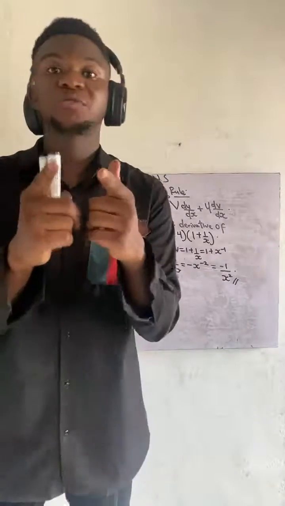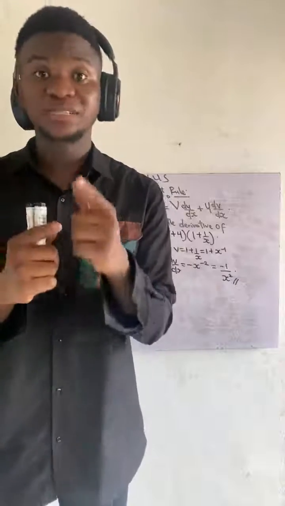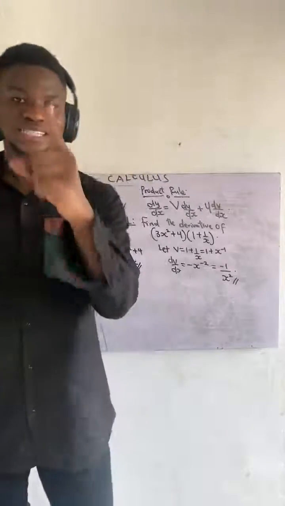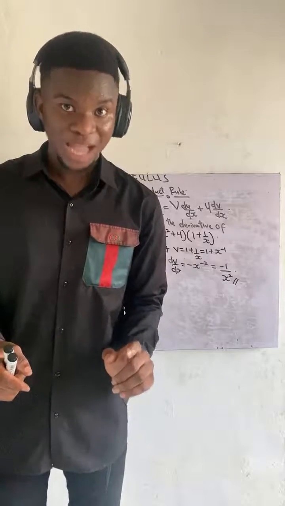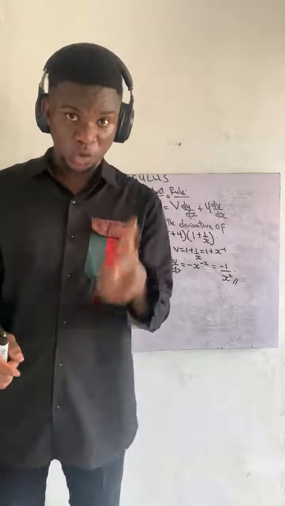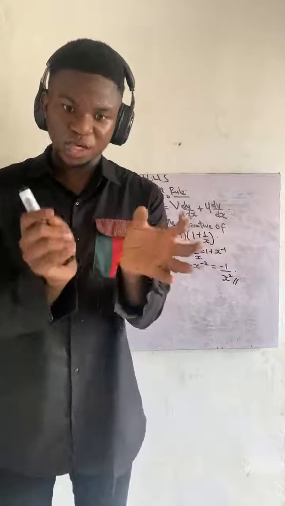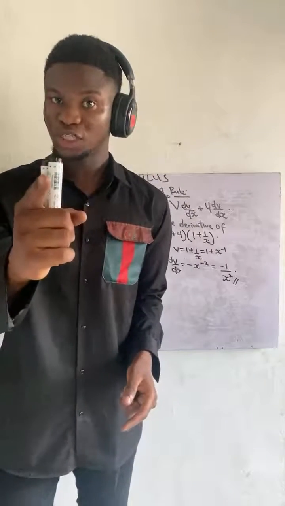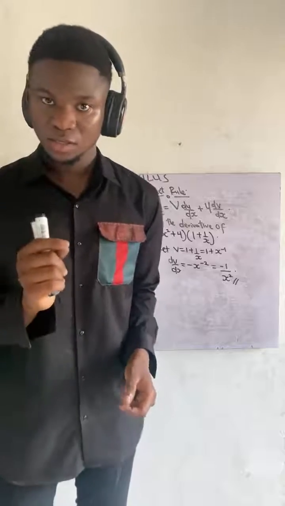Which one are you going to represent as u, and which as v? The first function that comes in the expression would be your u, while the second function would be your v. Do you get that?